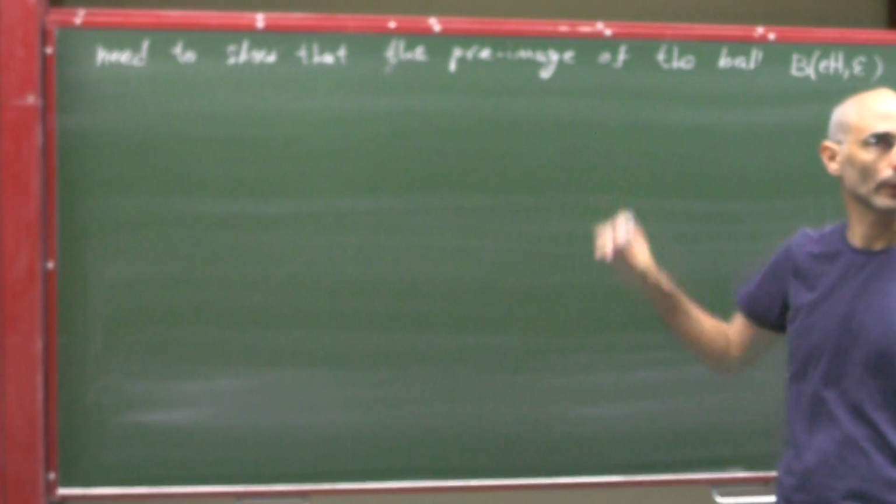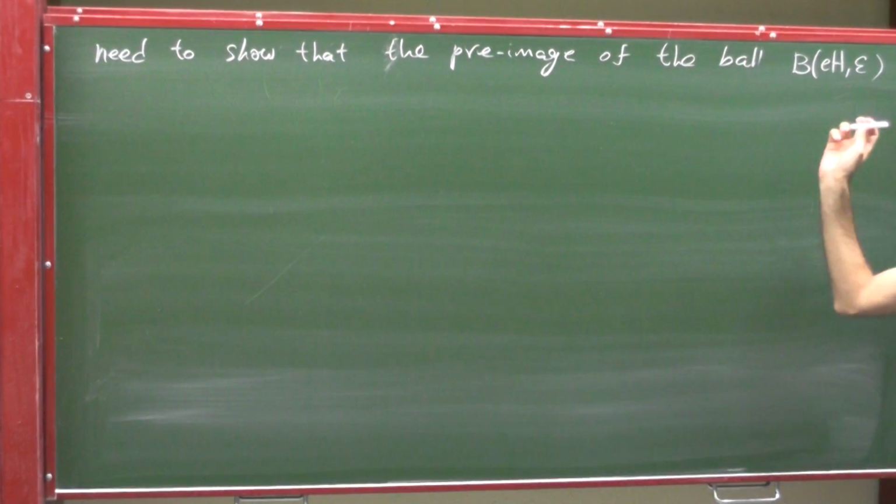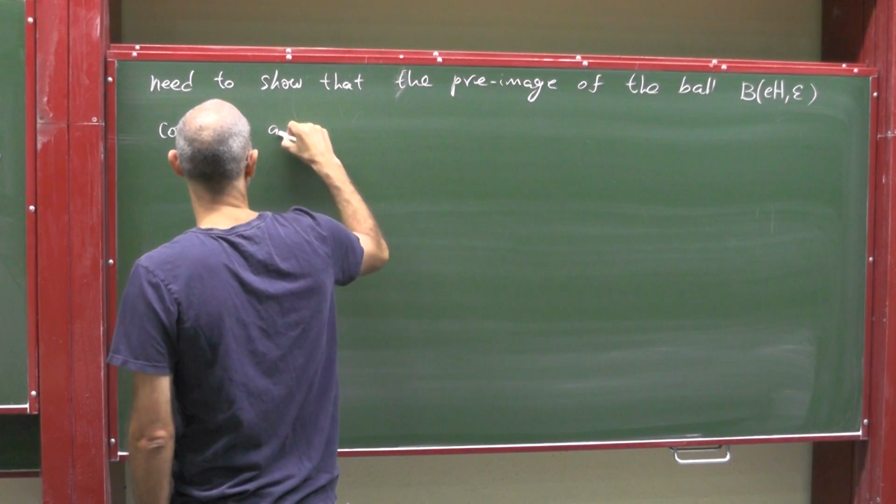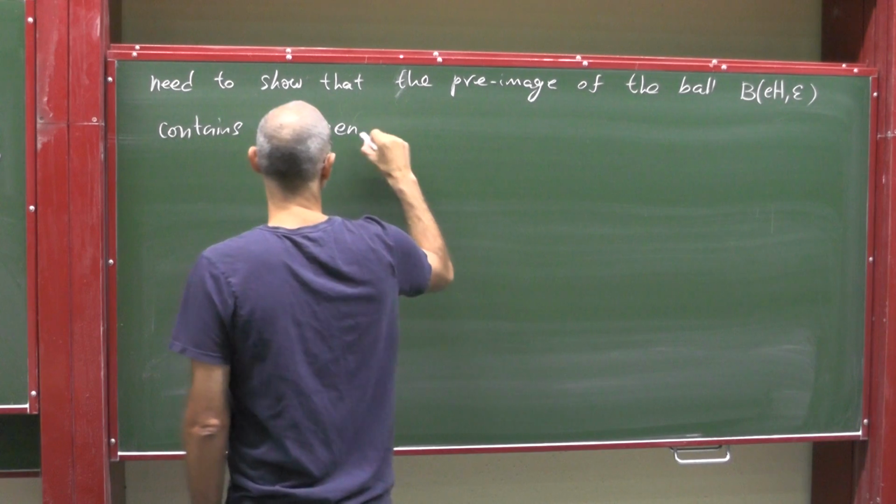Epsilon here is arbitrary, or pick epsilon greater than 0. We need to show that for every epsilon, the image of such a ball contains an open identity neighborhood.